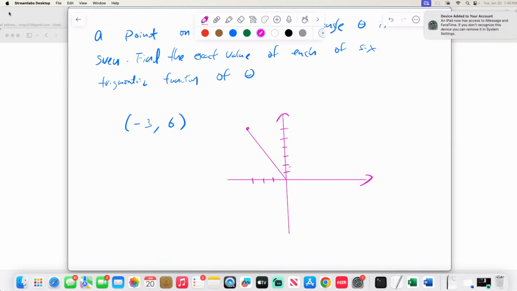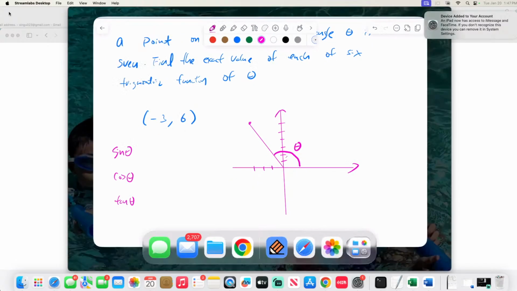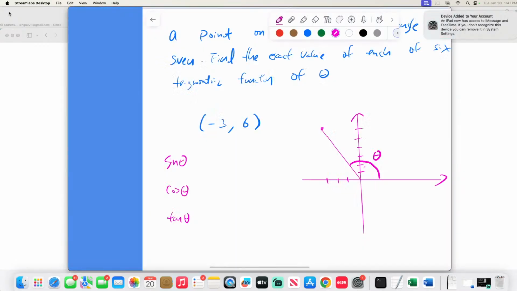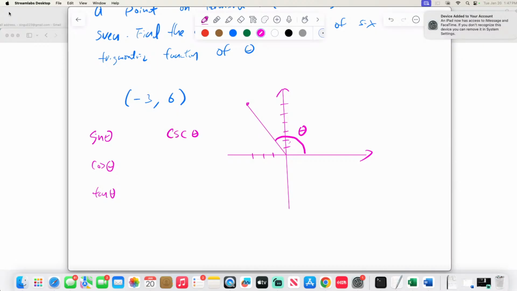And they say, hey, can you figure out the tangent of this theta? The theta is going from here to here, but they say, hey, can you figure out sine of theta, cosine of theta, tangent of theta, cosecant of theta, secant of theta, and cotangent of theta?